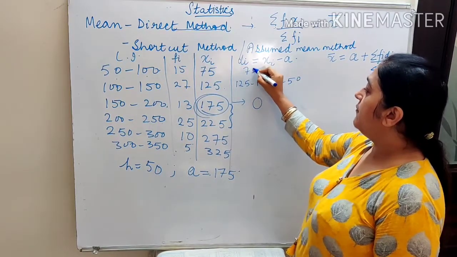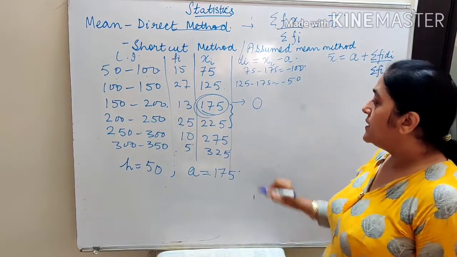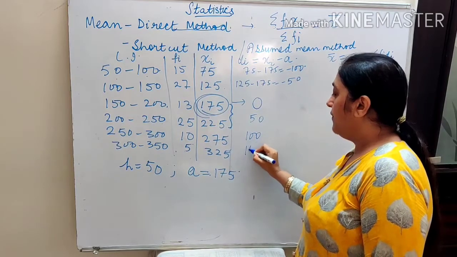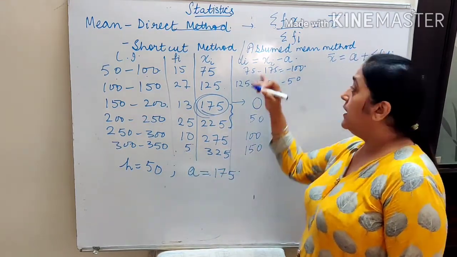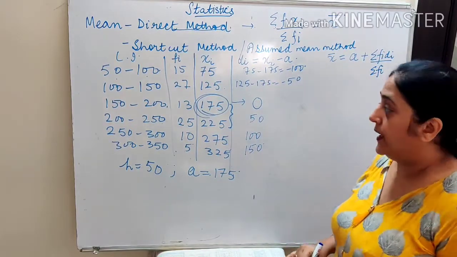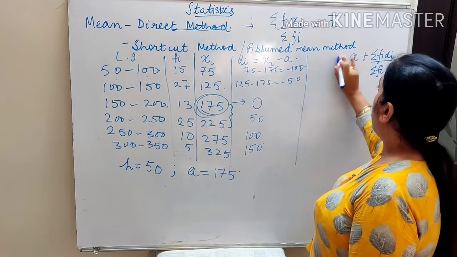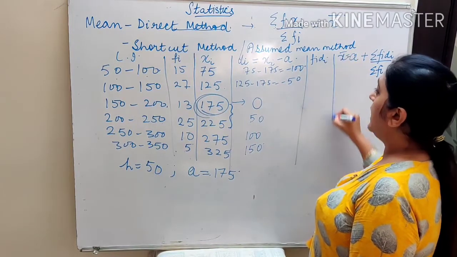And 75 minus 175 comes out to be minus 100. So here you will be getting 50, 100, 150. Right? Because it was having the interval of 50. So you will be getting in this form only. Now what is the next step? You will find out fi di.